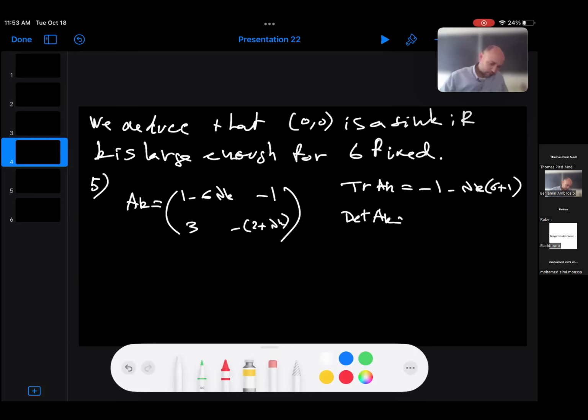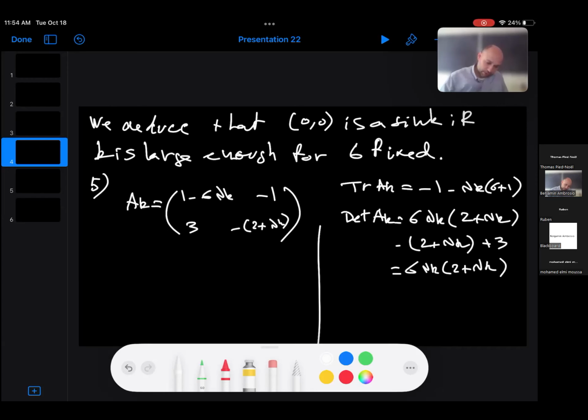So it will be sigma lambda k times 2 plus lambda k, and the rest, minus 2 plus lambda k plus 3, which gives sigma lambda k times 2 plus lambda k minus 1 minus lambda k.